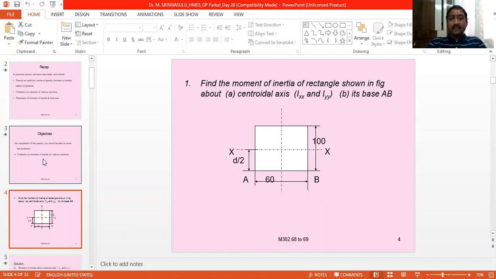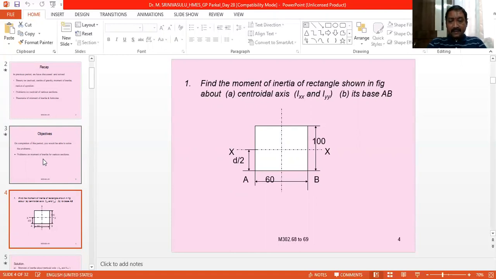Find the moment of inertia of a rectangle shown in the figure about its central axis, that is IXX and IYY, and B, about its base AB.